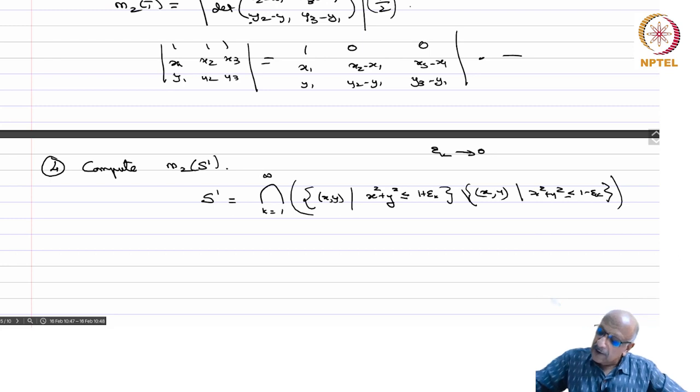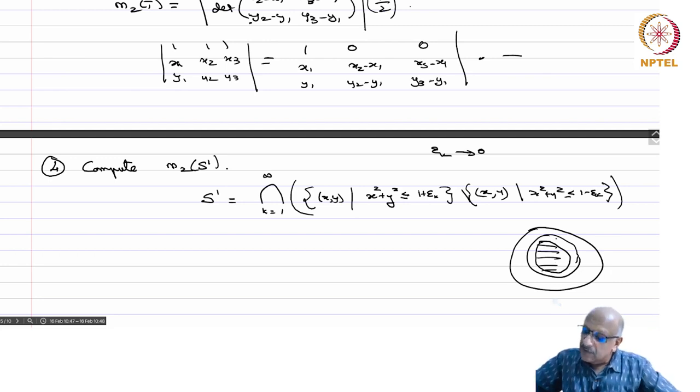So you take the unit circle and then you take a circle of slightly smaller radius and slightly bigger radius, and then you remove this, and therefore it is the intersection of all these.